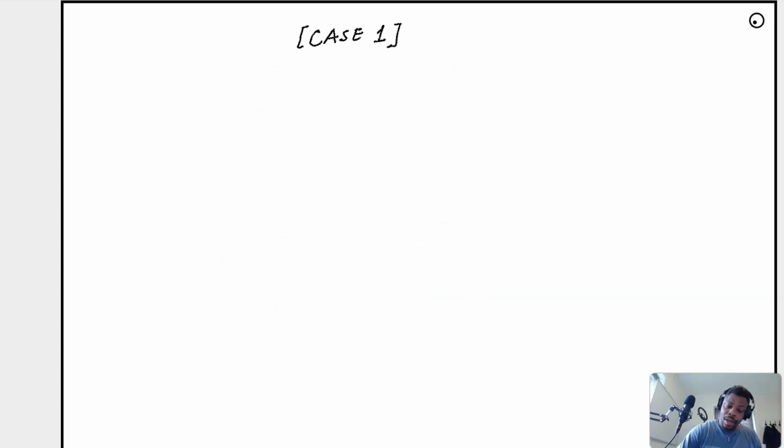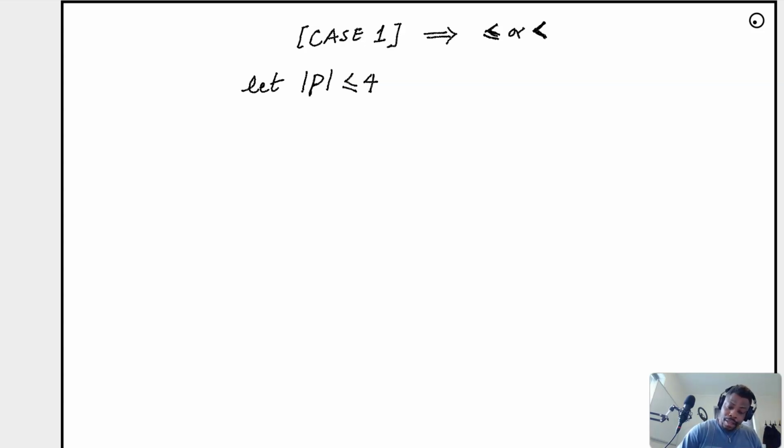Now let's take case 1. This case 1 is particularly about this inequality symbol, less than or equal to, or less than. So let the modulus of p, let's say, be less or equal to 4.